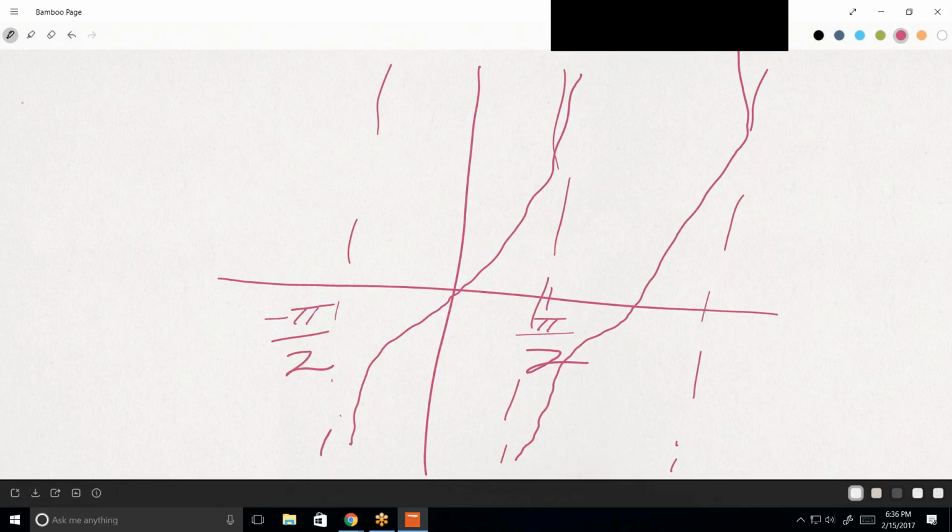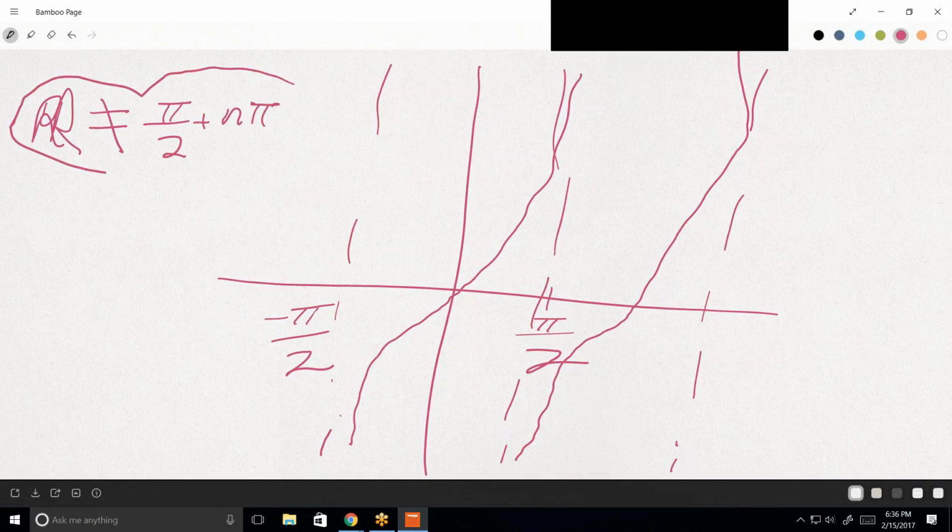So the domain, again, is all reals except, well, it can be 0 now, but it can't be pi over 2 plus n pi. So that's the way you would write the domain for tangents. And notice how that works. When n is 0, it can't be pi over 2.